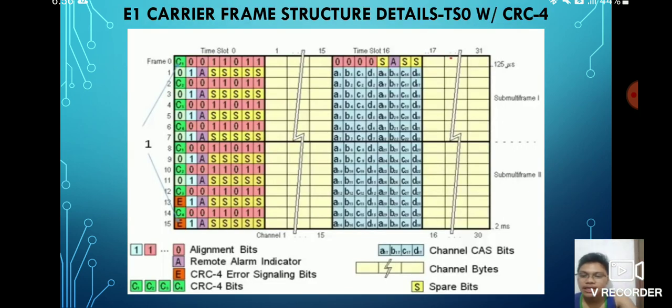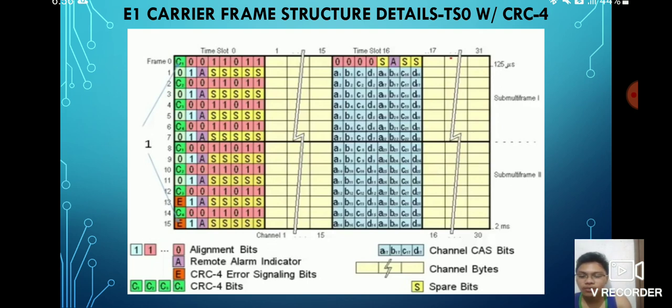Next is the E1 carrier frame structure details, time slot 0 with CRC4. Where there is a need to provide additional protection against simulation of the frame alignment signal, and/or where there is a need for enhanced error monitoring capability, then bit 1 should be used for the cyclic redundancy check, or CRC4 procedure.